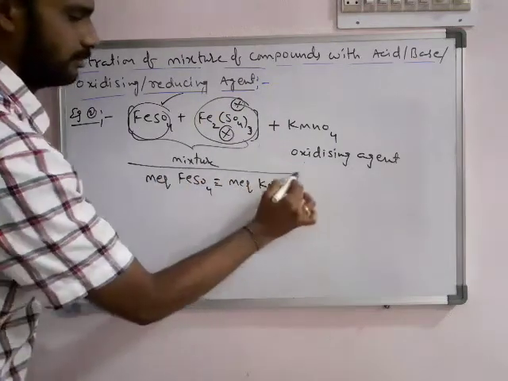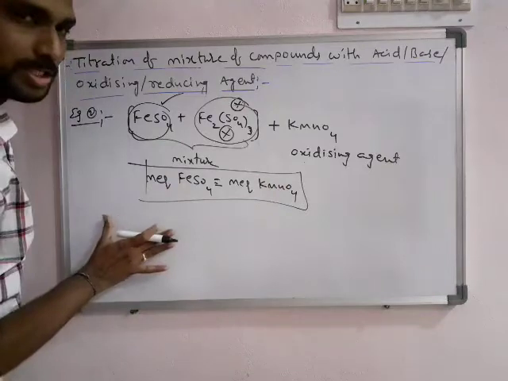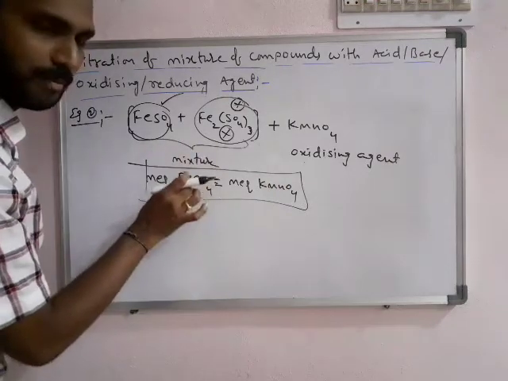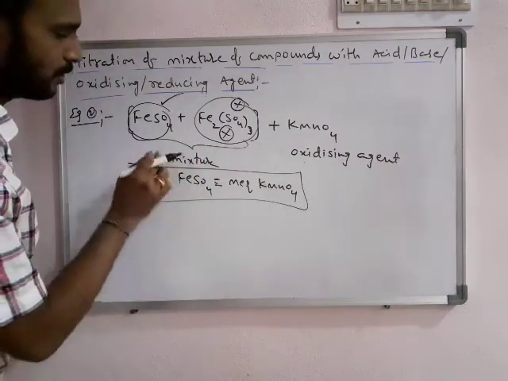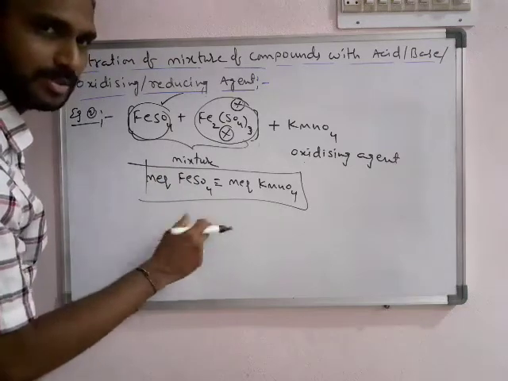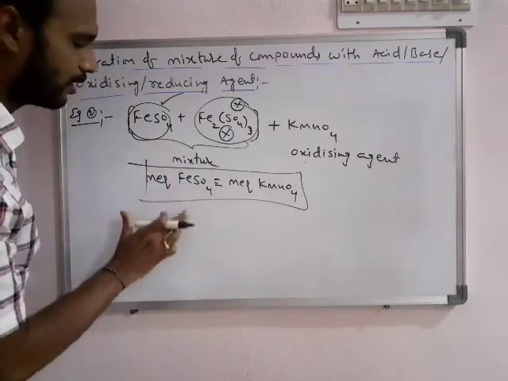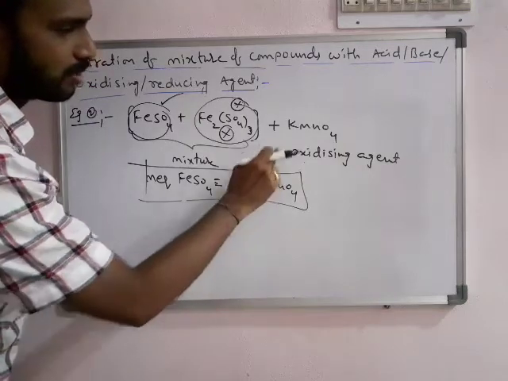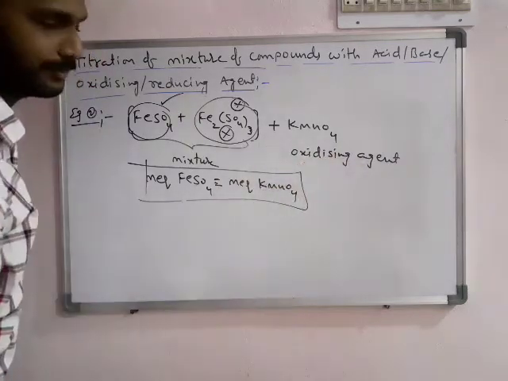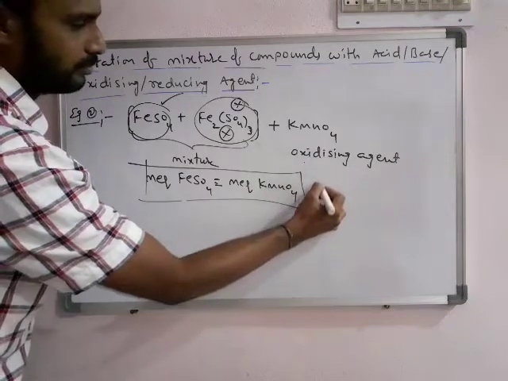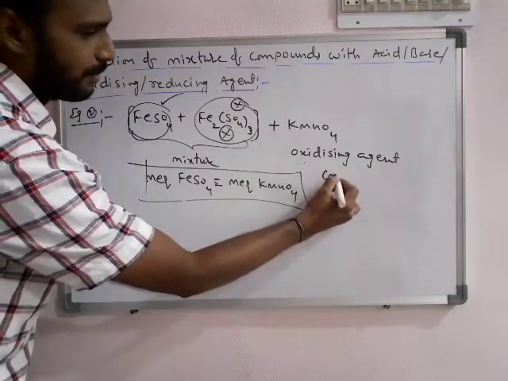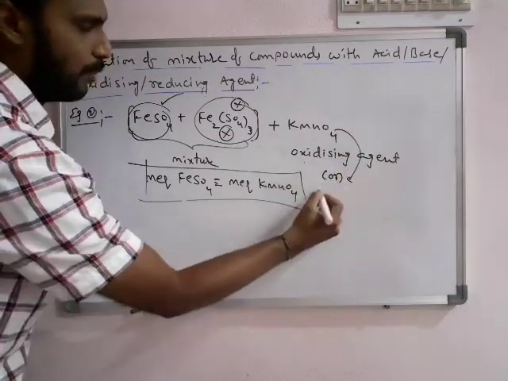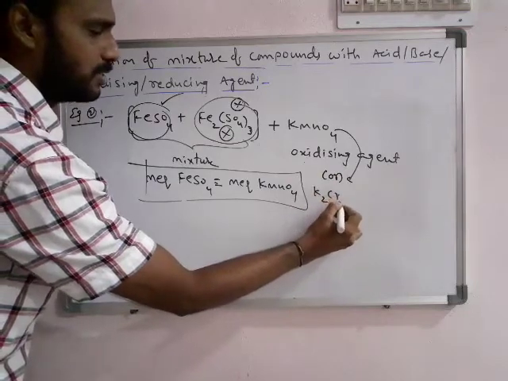Okay, so these are the two possibilities. In a mixture, all compounds may react, or some compounds may react and some may not. We calculate the part that reacts, and that is equalized with the milli equivalents of the other compound. In the KMnO4 example, we take KMnO4. In place of KMnO4 we can write K2Cr2O7.